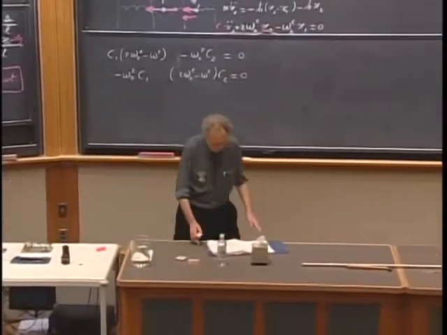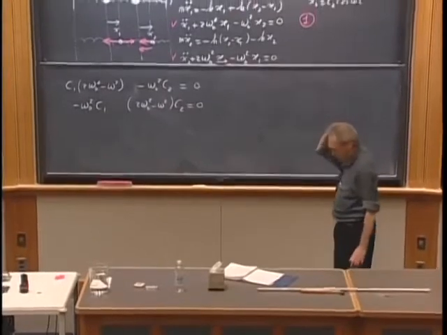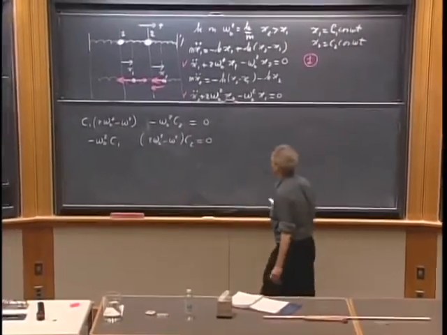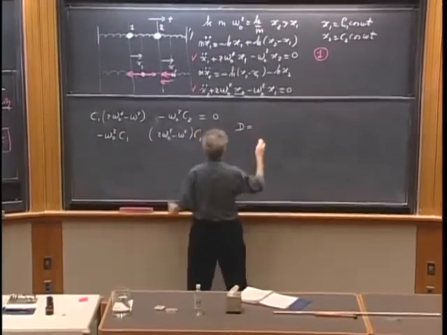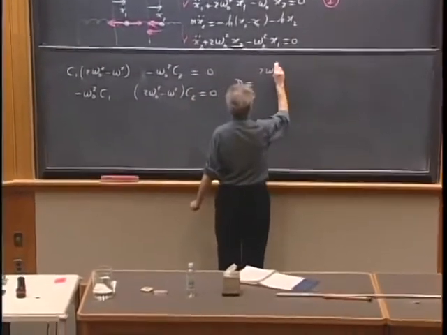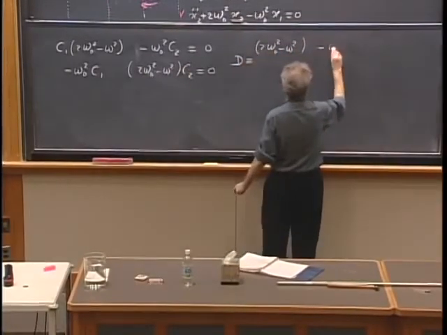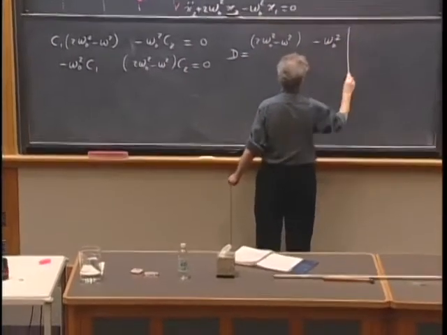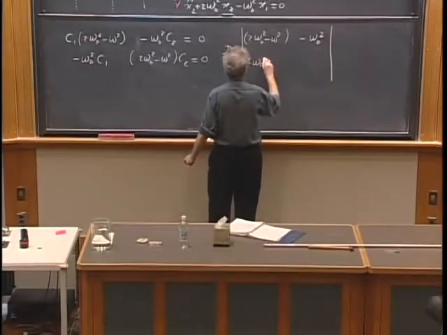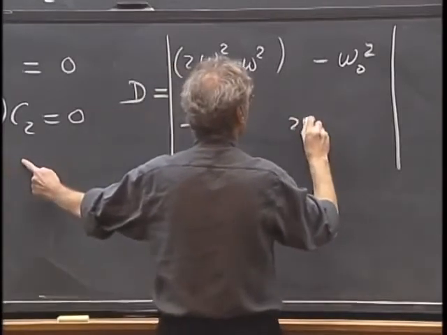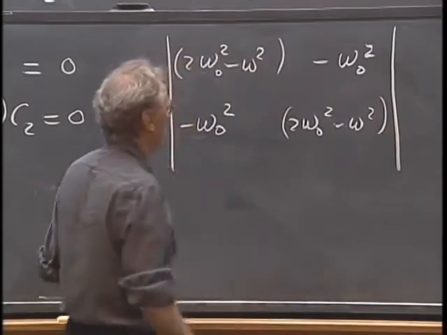So now you may do that any way you want to. This is not so difficult to solve. I will, however, use Cramer's rule, and I will introduce a D, which is the determinant of the following: 2 omega 0 squared minus omega squared, and then I have here minus omega 0 squared, and then I have here minus omega 0 squared, and here I have 2 omega 0 squared minus omega squared.